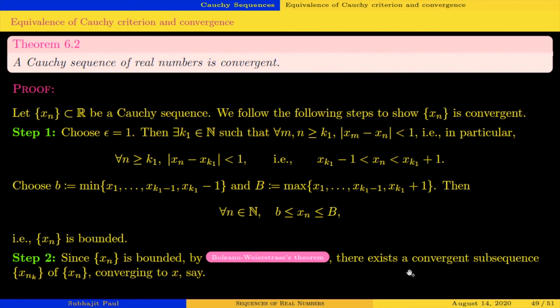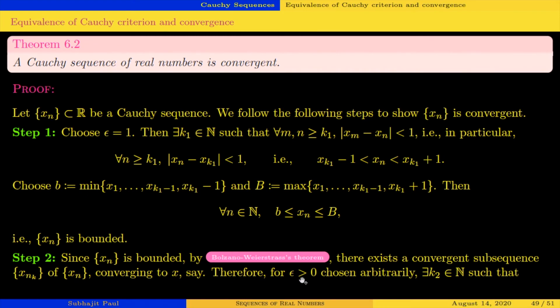Now let us name that. We are naming that xnk. This is the convergent subsequence, and that is converging to the real number x. Fine. Therefore, apply the definition of convergence. For epsilon positive chosen arbitrarily. See, in the first step, epsilon was chosen as a particular one, and that proved that the sequence is bounded.